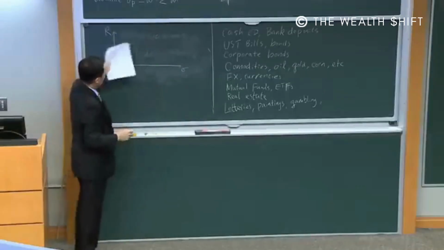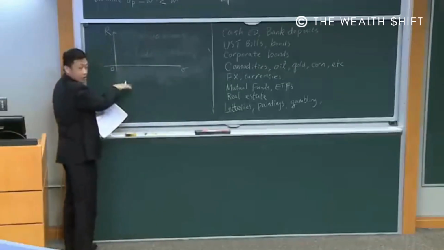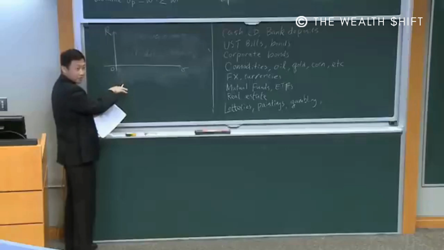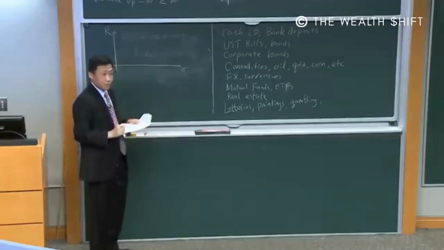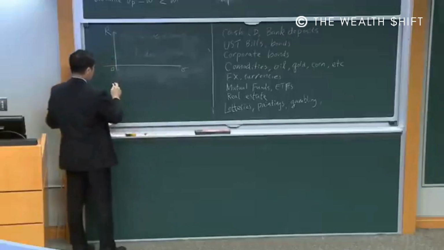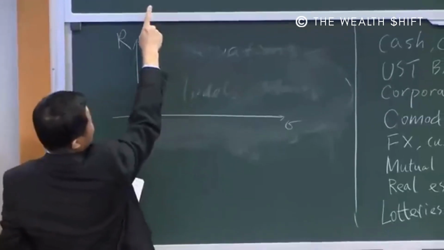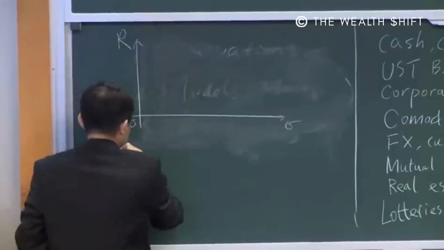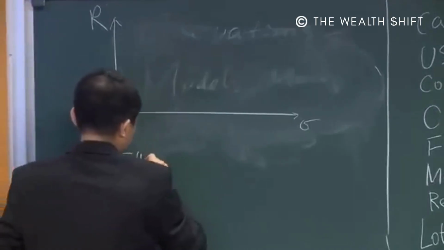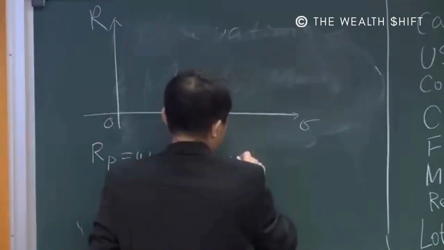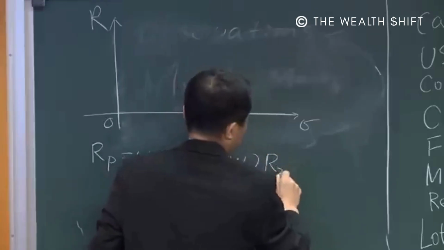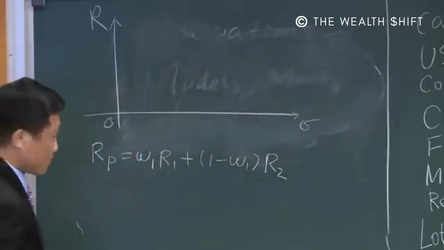So we have sigma and R. We're going to ignore what's below this now. We don't want to be there, and we want to stay on the upper right. So let's consider one special case. Again, let's write out the two assets. What is R of P? It's W1 R1 plus (1 minus W1) R2, right? Very simple math.